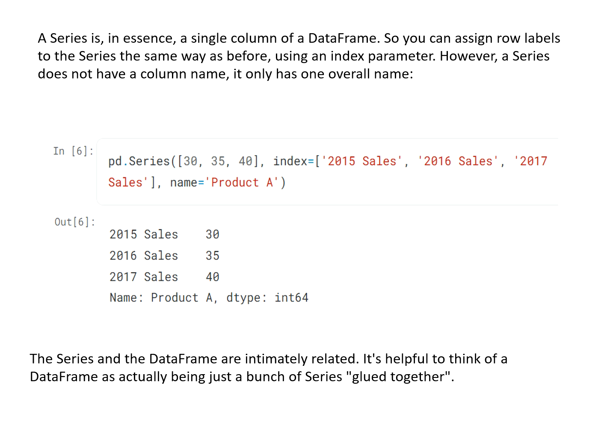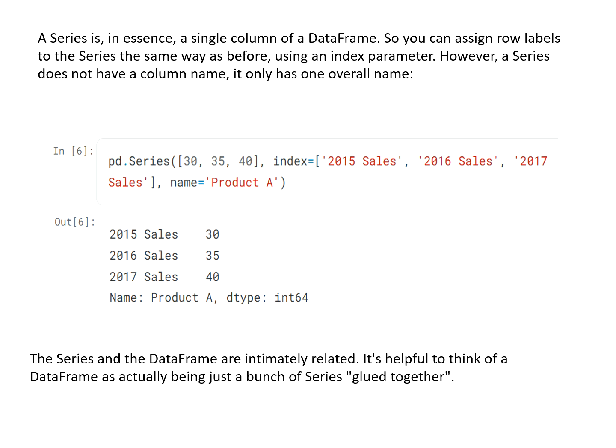So we can assign the index after we write the constructor for the series. We add name equals product A, for example. This is the name of the whole thing. For indexing, we added index 2015 sales, 2016 sales, 2017 sales.